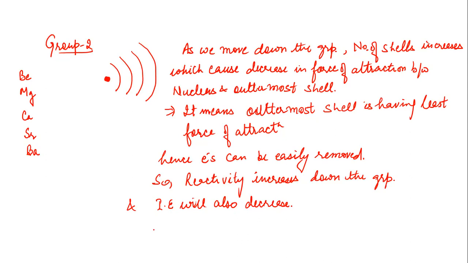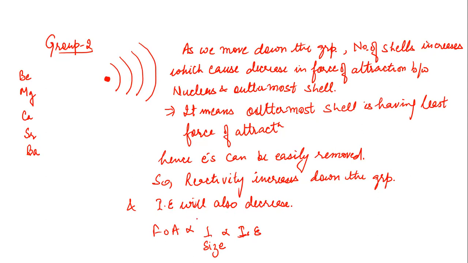Why? Always remember, force of attraction is inversely proportional to size. The more the size, the lesser the ionization energy. It means force of attraction is directly proportional to ionization energy.